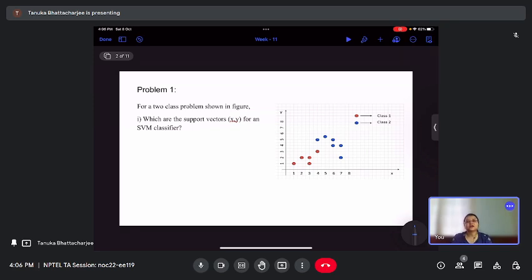So when you have a large margin involved in the designed classifier, then the benefit is there is a lower chance of getting misclassified data. If you have a large margin, then even if one data point from one class is slightly perturbed due to some noise or some measurement error, it's less likely that it will cross the boundary and go to the other side.